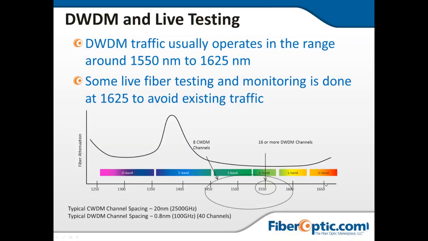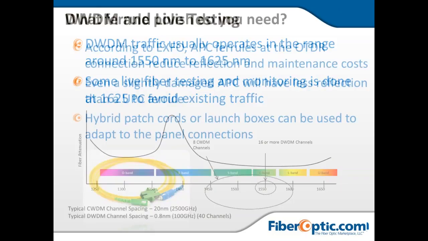So if you're looking to do 16 terabits and you're trying to get all that bandwidth on one single fiber, you've got to be able to get up to those 40 channels with very, very tight spacing and very, very high bandwidths. So the crosstalk and some of the other potential hazards are all things that need to be considered when you're putting that kind of traffic on there.